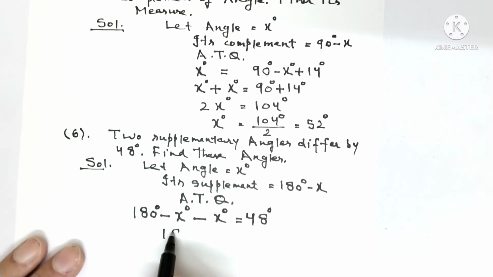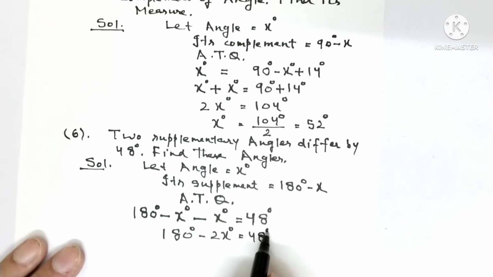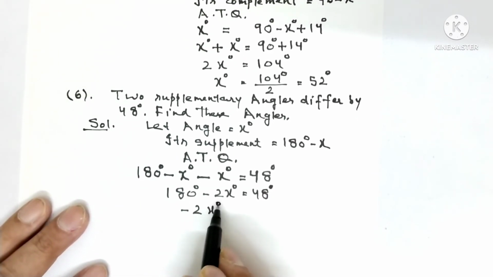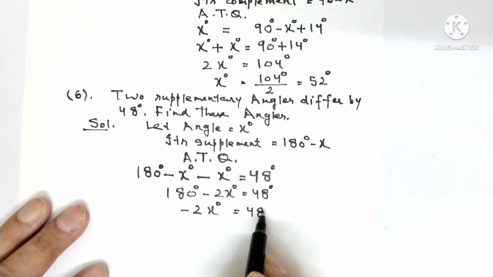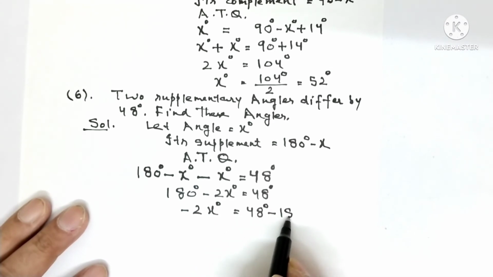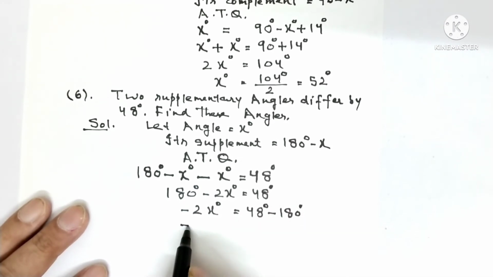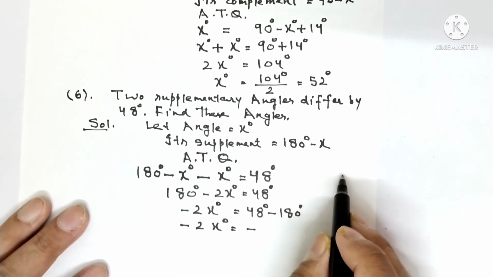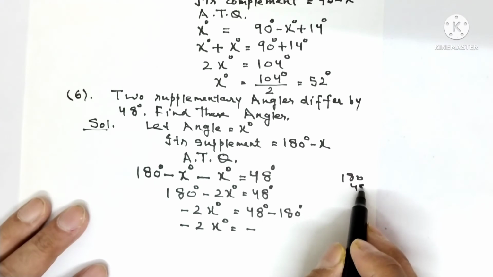Now 180 degree minus 2x degree is equal to 48 degree. So minus 2x degree will be equal to 48 degree minus 180 degree. So minus 2x degree will be equal to minus, from 180 you subtract 48.